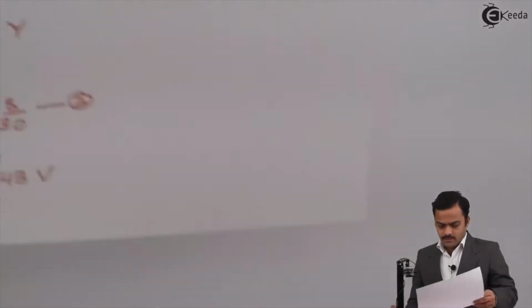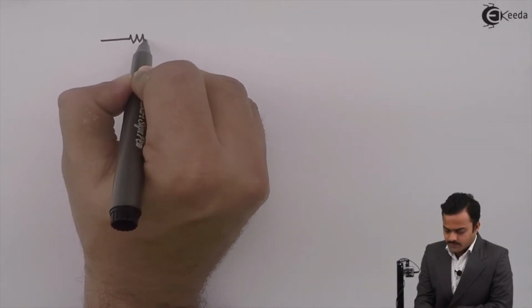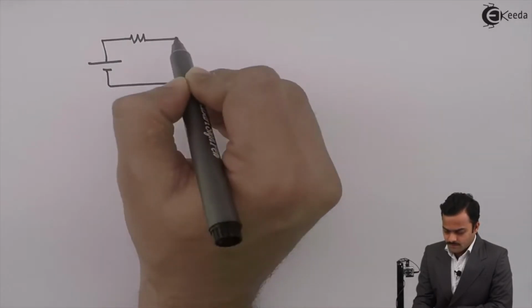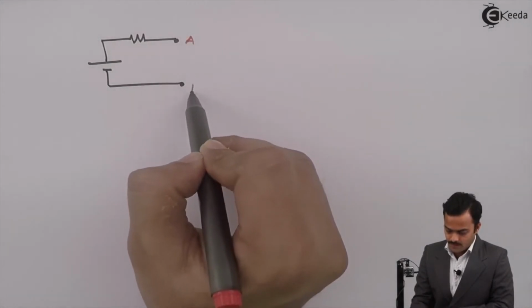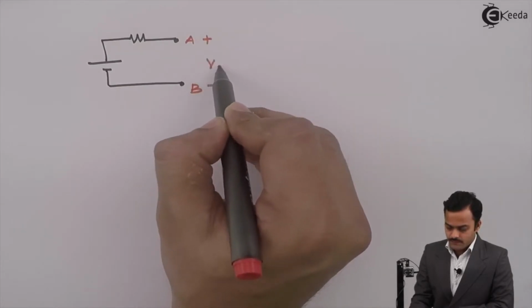I am considering the circuit with a resistance and a voltage source which is covering points A and B, and I will consider here voltage Vth.